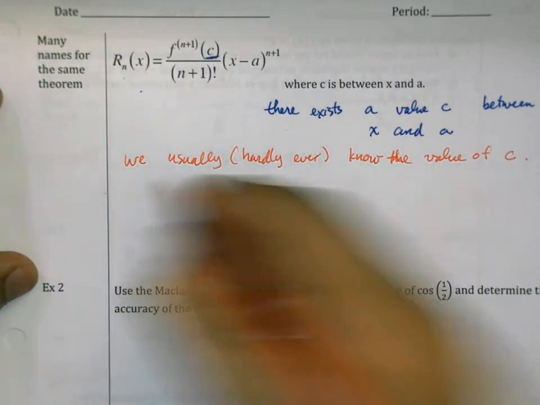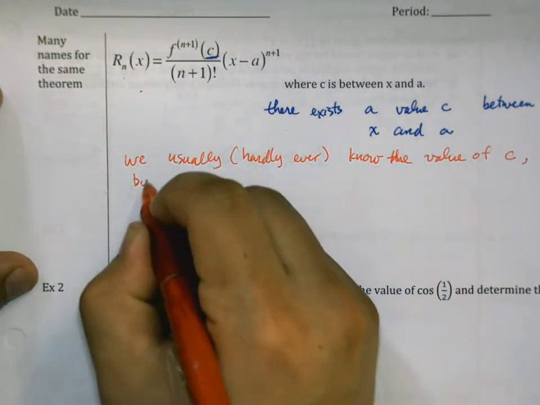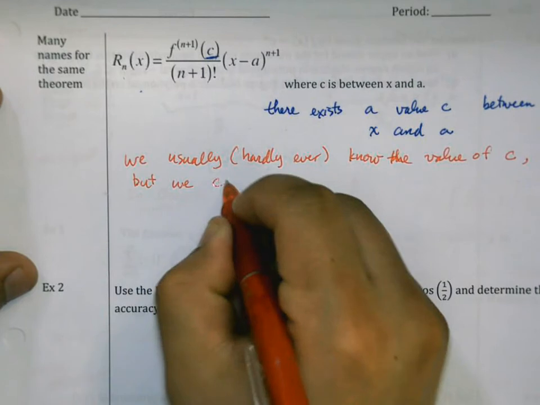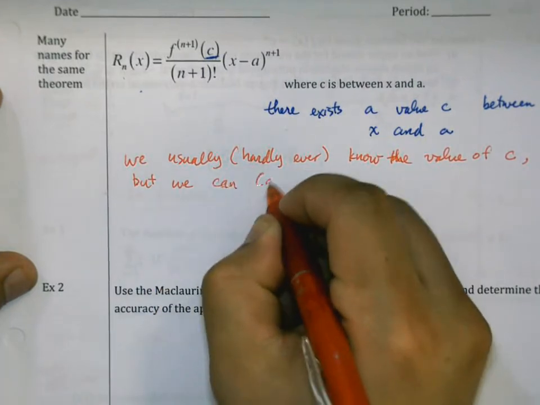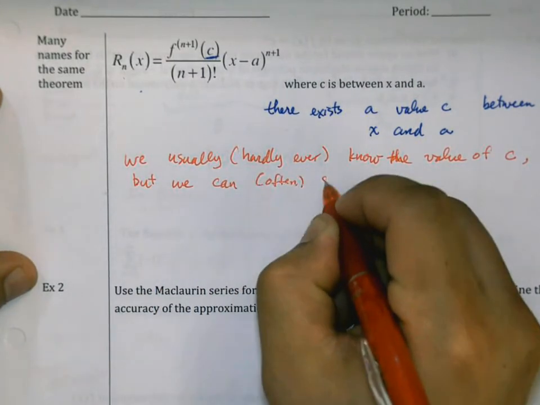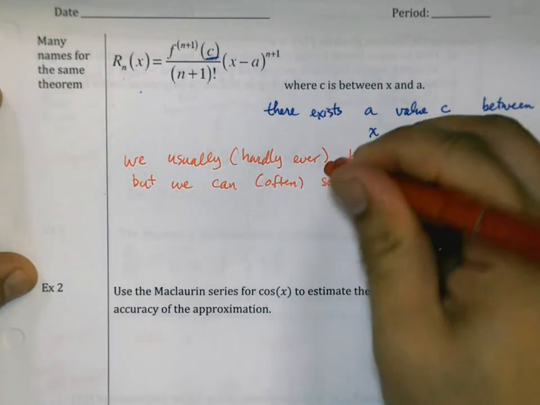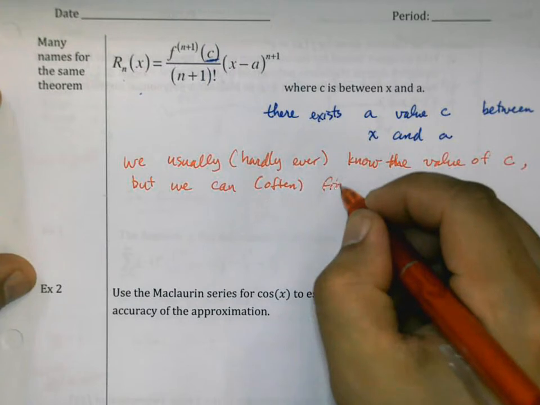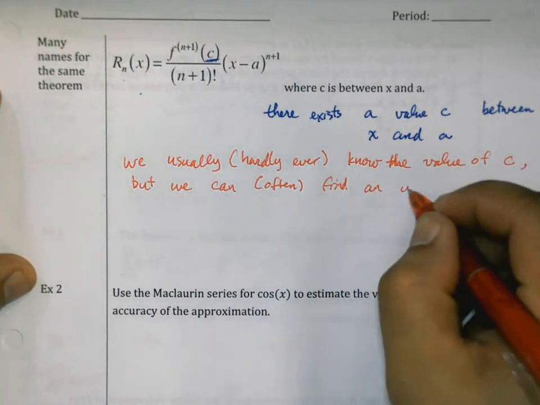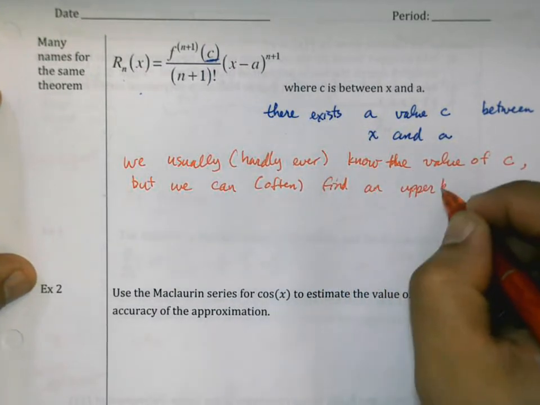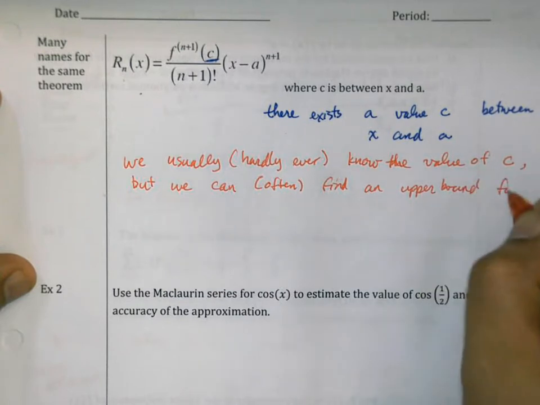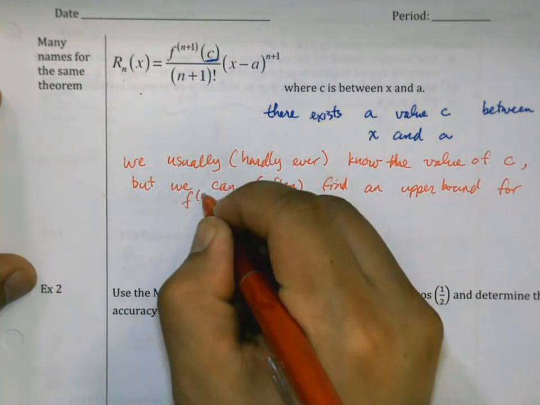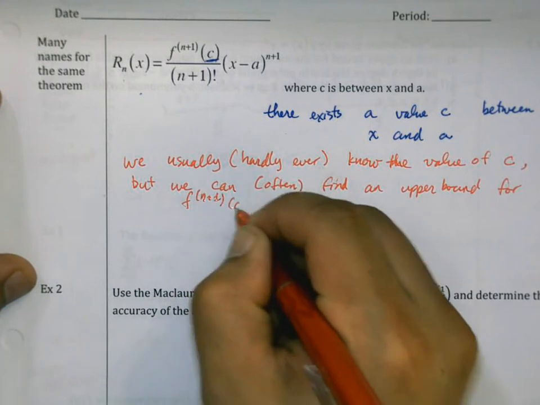But we can often set or find an upper bound for f, the n plus 1 derivative of c.